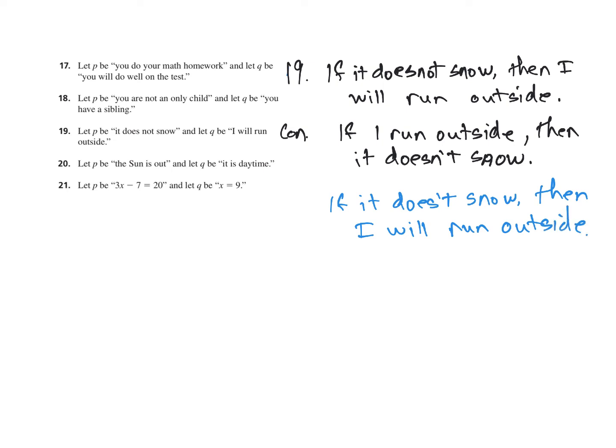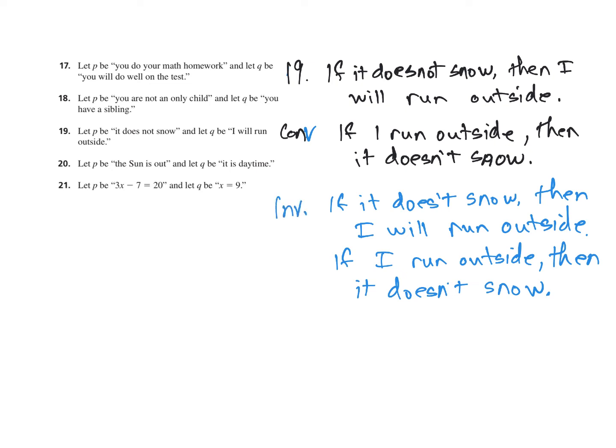Okay, and then write the converse. If I run outside, then it doesn't snow. All right, they're identical. Now we negate them. So this will be the inverse, and this will be the contrapositive.